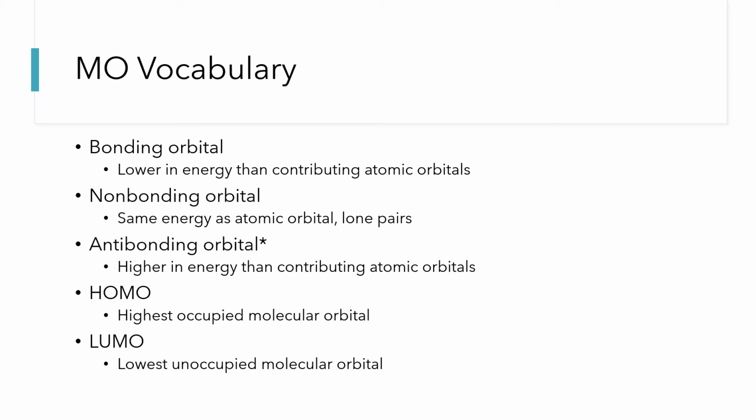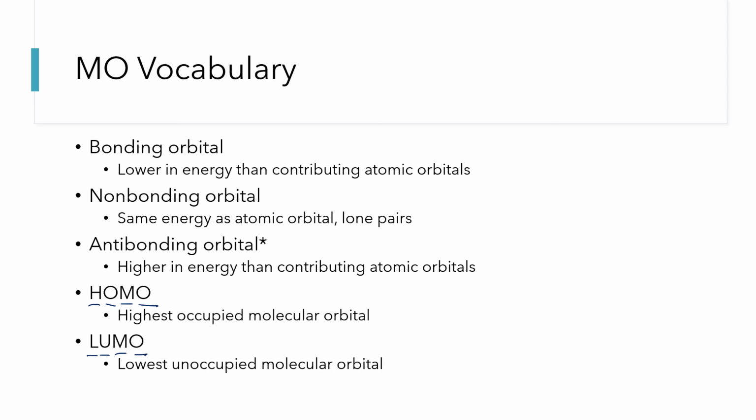An anti-bonding orbital is going to be at a higher energy, and so when we stick electrons into there, we destabilize everything. HOMO stands for, I forgot to mention this on the previous slide, the highest occupied molecular orbital, and LUMO is the lowest unoccupied molecular orbital.